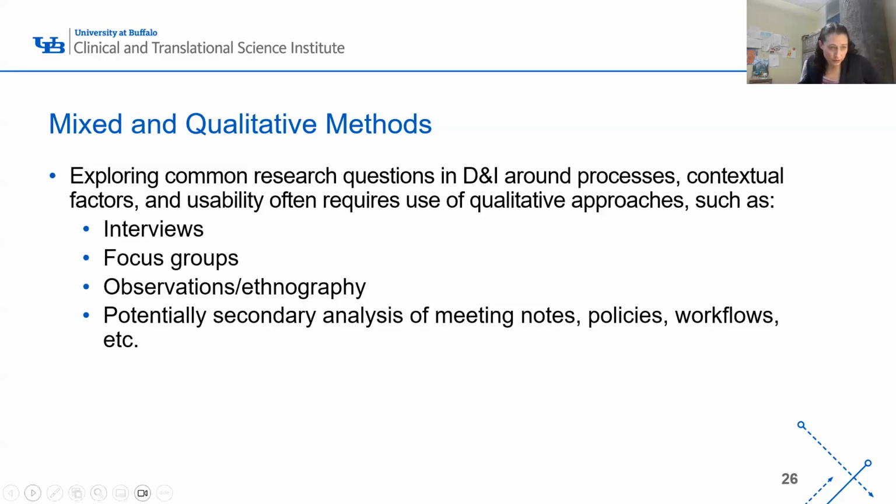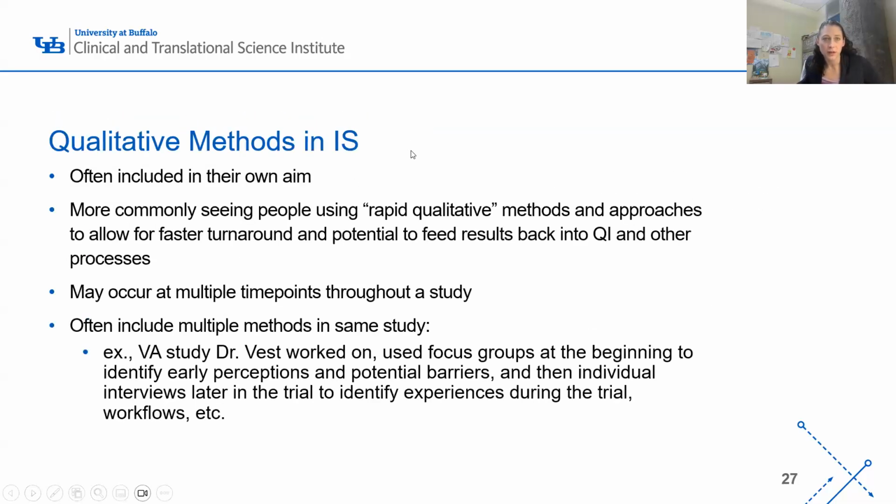And I will say, in terms of writing implementation science projects, often qualitative methods get included in their own aim. It's sort of the third aim of qualitative implementation methods. We're commonly now seeing people using what are called rapid qualitative methods and approaches, which allow for a little bit faster turnaround of qualitative information so that you can feed those results back into quality improvement and other processes over the course of an implementation.